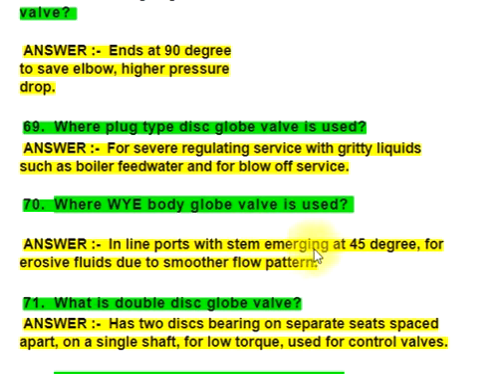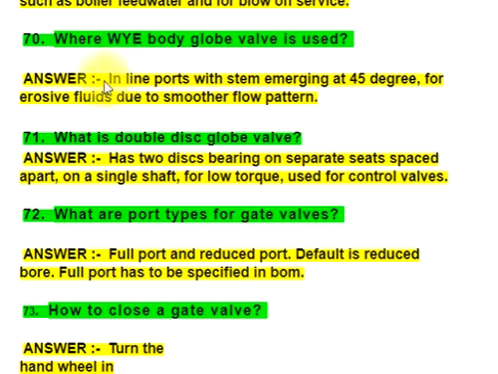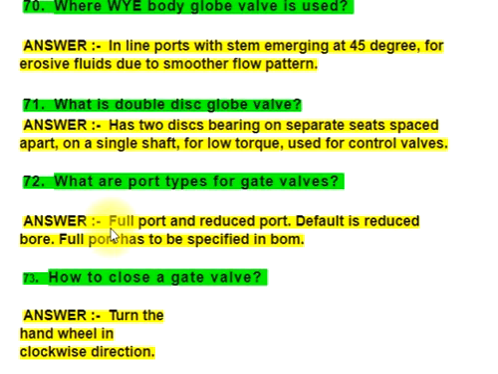Answer: inline ports with stem emerging at 45 degree, for erosive fluids due to smoother flow pattern. 71. What is double disc globe valve? Answer: has two discs bearing on separate seats spaced apart, on a single shaft, for low torque, used for control valves.